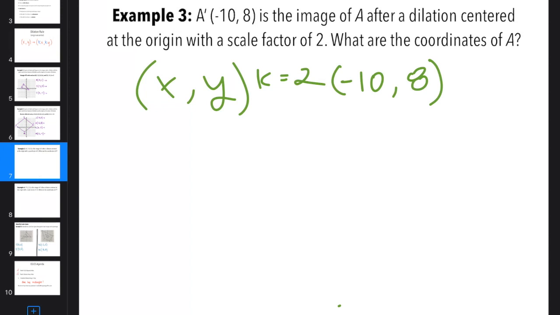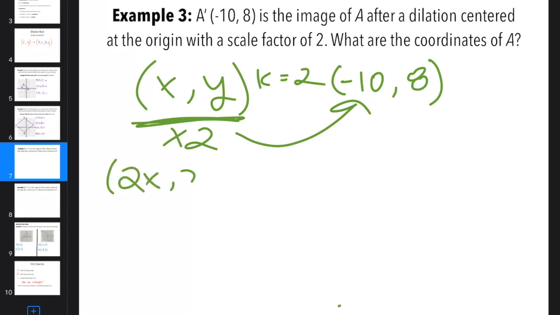Well, I'm going to set up an algebraic equation between these coordinates. I know when I have a dilation, I'm going to be multiplying my pre-image coordinates by 2 to get my image coordinates. So if I had to rewrite those coordinates, I would have (2x, 2y) is equal to (-10, 8).